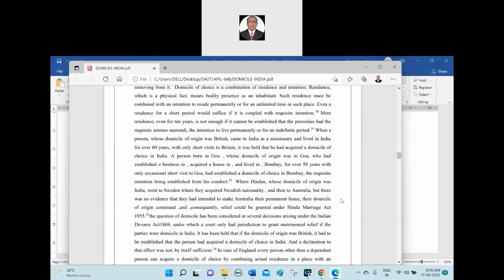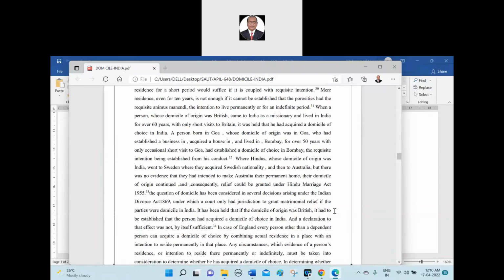So the domicile of origin was, of course, here again they gave Sweden, where they acquired Swedish nationality, then Australia, but there was no evidence that they had intended to make Australia their permanent home, so the domicile of origin continued and consequent relief would not be granted under, of course here they say the Hindu Marriage Act, whatever act may be there.